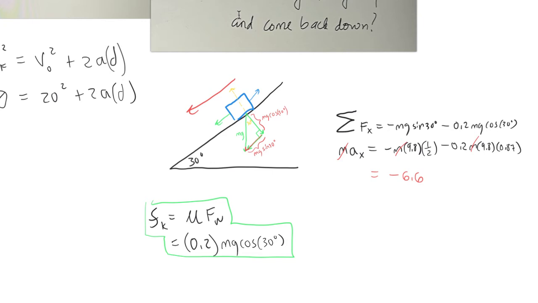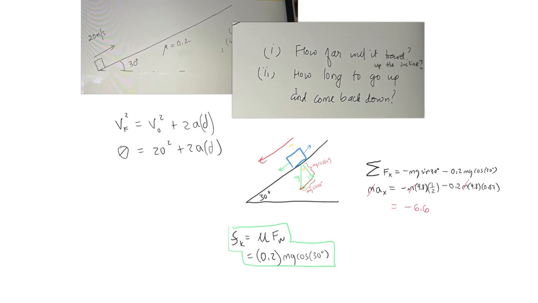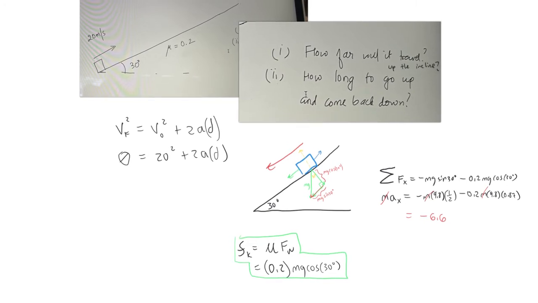So we found our acceleration, which was our goal, to figure out how far it goes up, because we're using this formula to find the distance and we needed the acceleration. So therefore we're looking at 0 equals 400 plus 2 times negative 6.6 times d, and solving for d we would get 30.3.